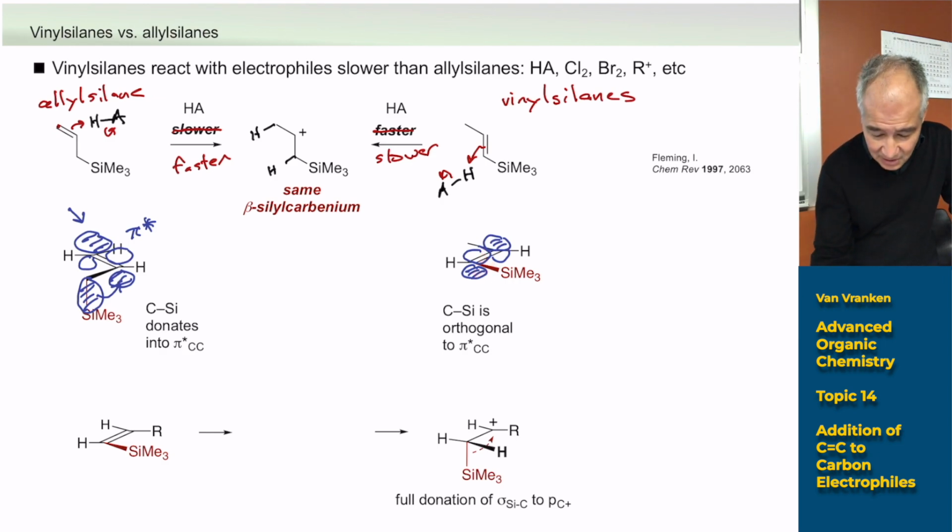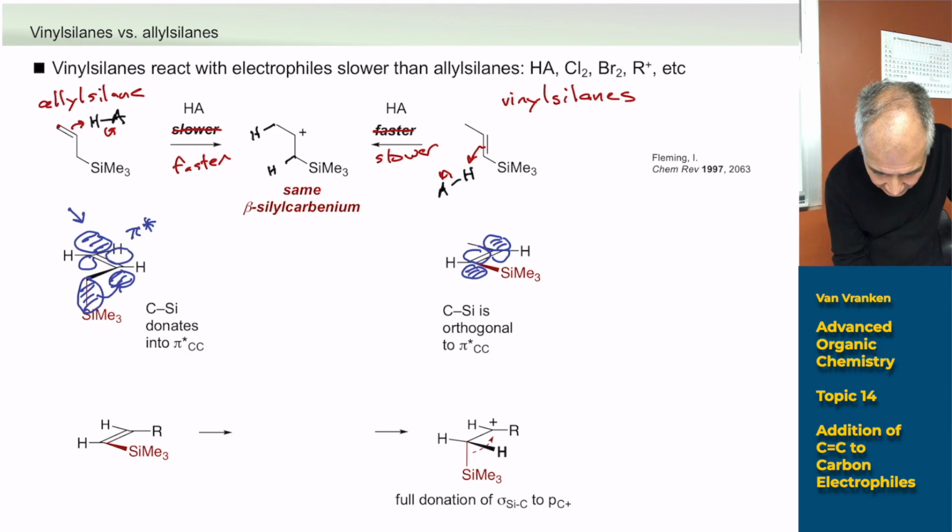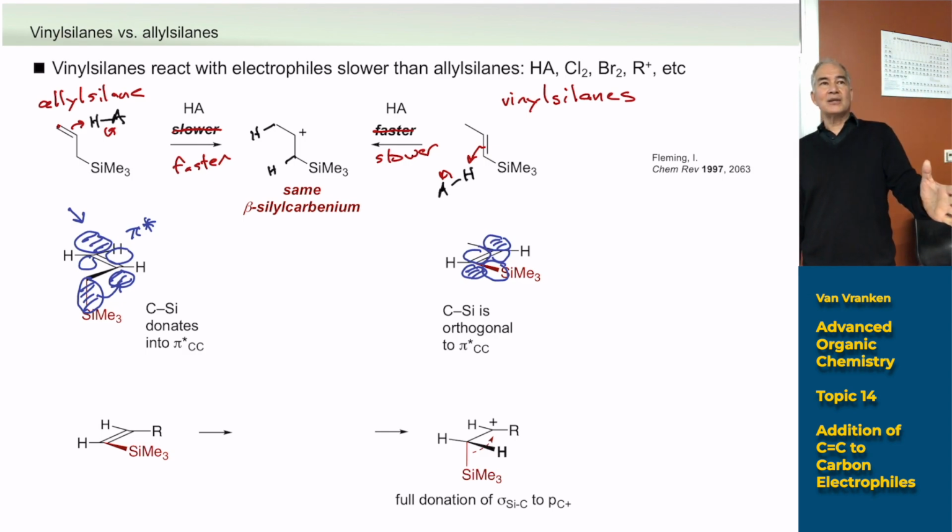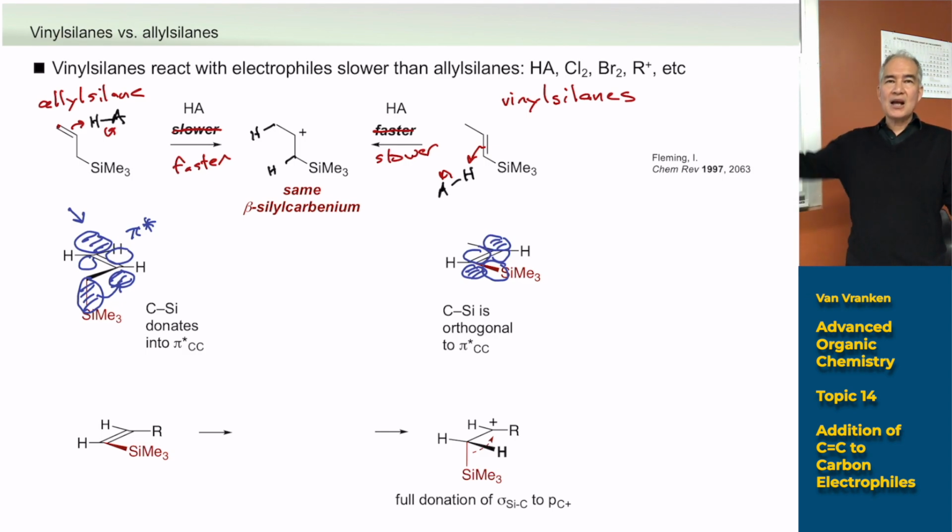Or if I phase it so it's unfilled, now it's got a bad interaction with the bottom and a good one with the top. You get zero net interaction when the carbon-silicon bond is sticking off the side of the alkene. That carbon-silicon bond is doing nothing to the nucleophilicity of that alkene, unlike that allylsilane.